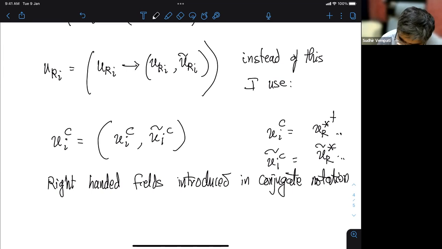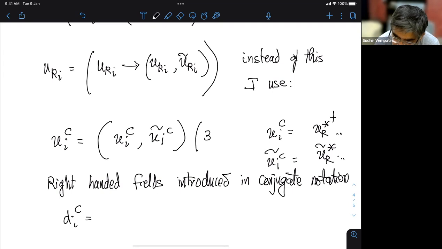Then we have DIC in a similar fashion, but let's just finish the quantum numbers of UIC. UIC goes as 3 bar, singlet, minus 2/3.